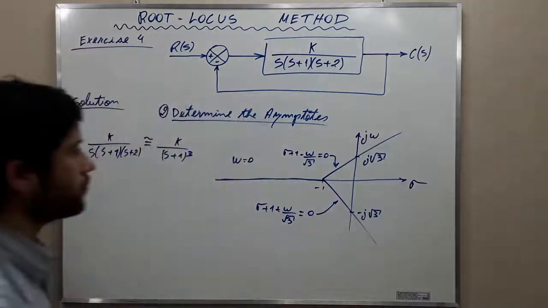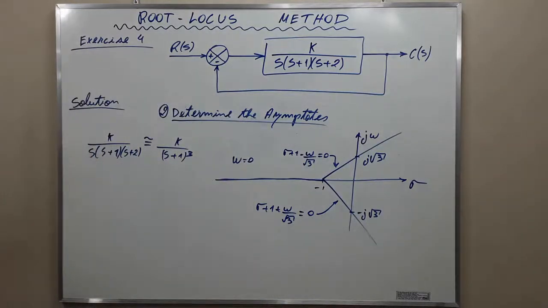So these are the asymptotes in accordance with our calculation. Okay? Following this, we can determine the asymptotes. And they meet at s equal to -1. Or if you prefer, sigma equal to -1.